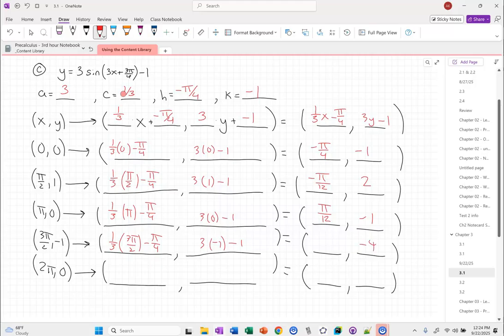It's going to be 1/2 minus 1/4, so that's 1/4. We got that.